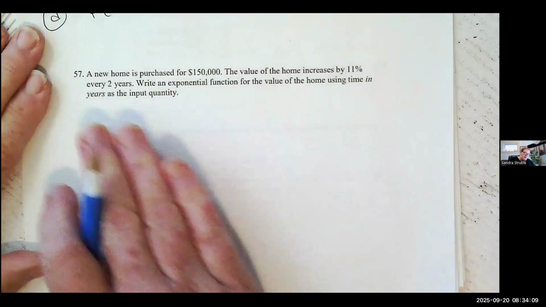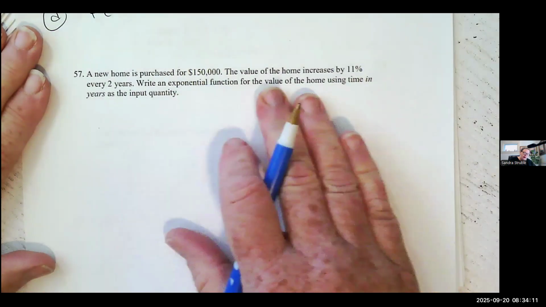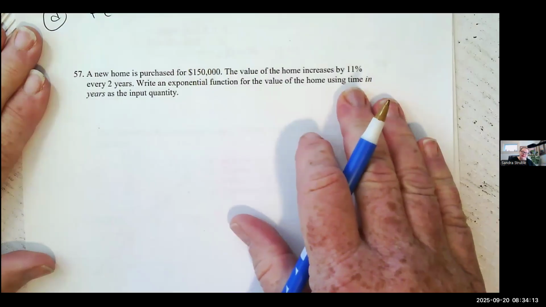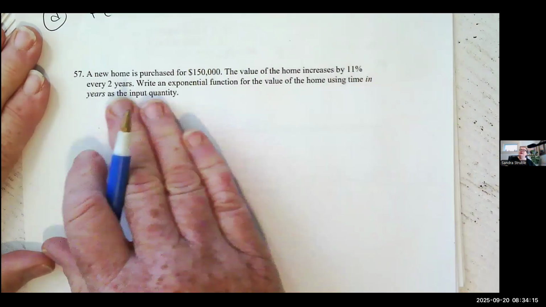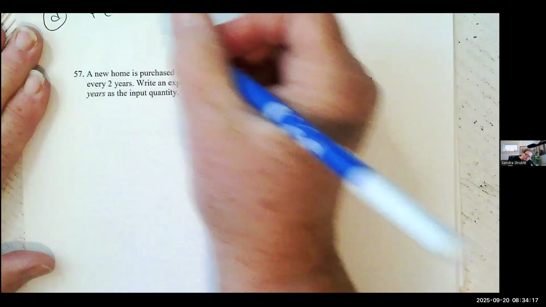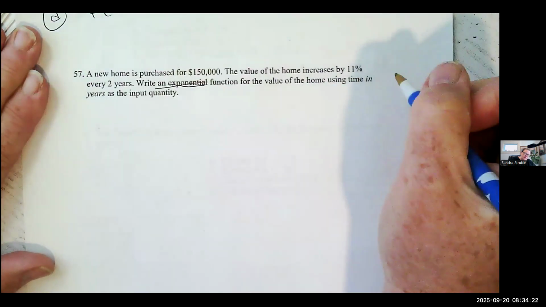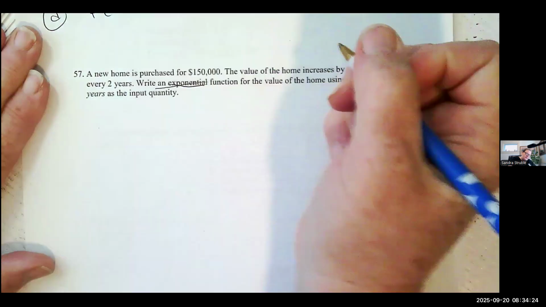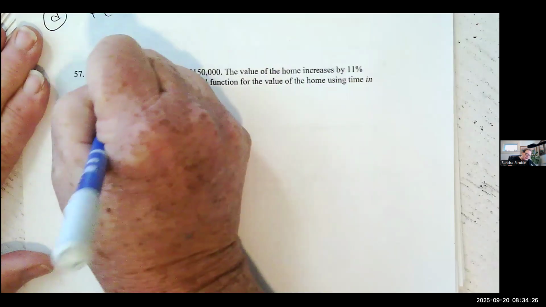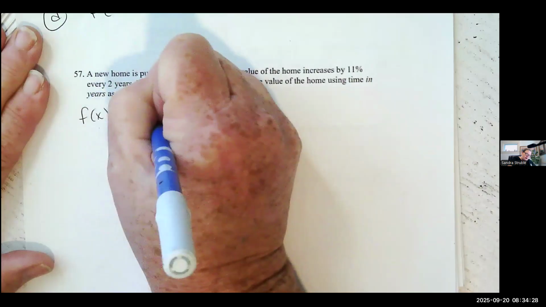All right. A new home is purchased for $150,000. The value of the home increases by 11%. That's exponential already. I already know that. Every 2 years, write a function for the value of the home using time in years for the input value. So f of x, initial value is 150,000 for the home.